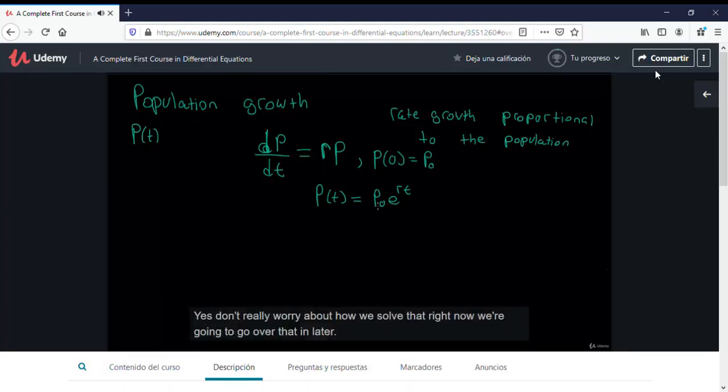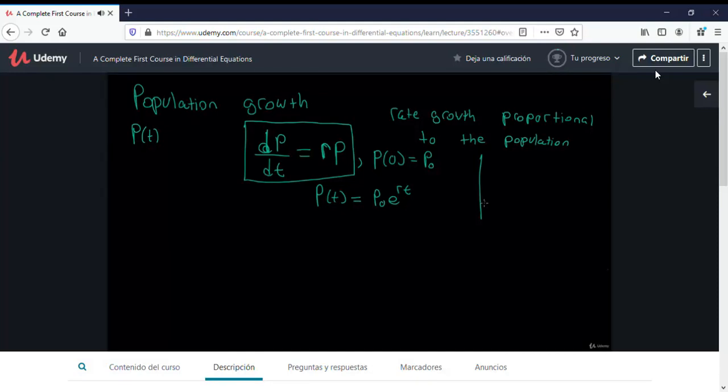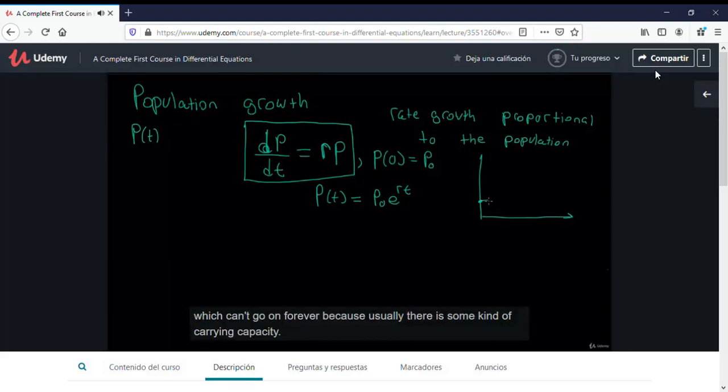Okay, so don't really worry about how we solve that right now. We're going to go over that later. But this is just a simple model right here. This is the model for population growth. So here, the population would be growing exponentially, which can't go on forever because usually there's some kind of carrying capacity.